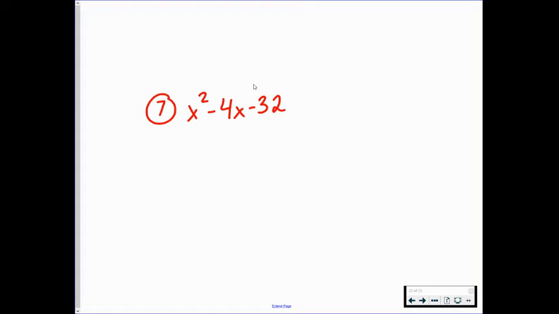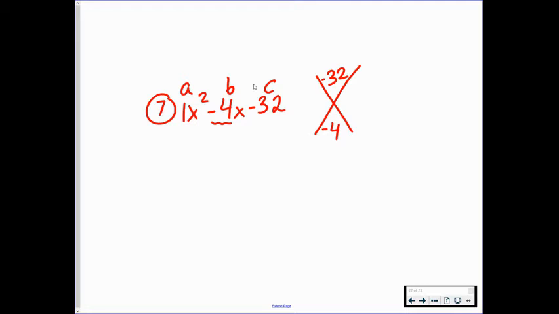Now, because this has 3 terms, we're going to first label this A, B, and C. To factor a trinomial, we first need to find 2 terms that multiply to make AC. 1 times -32 is -32. And then B is -4.